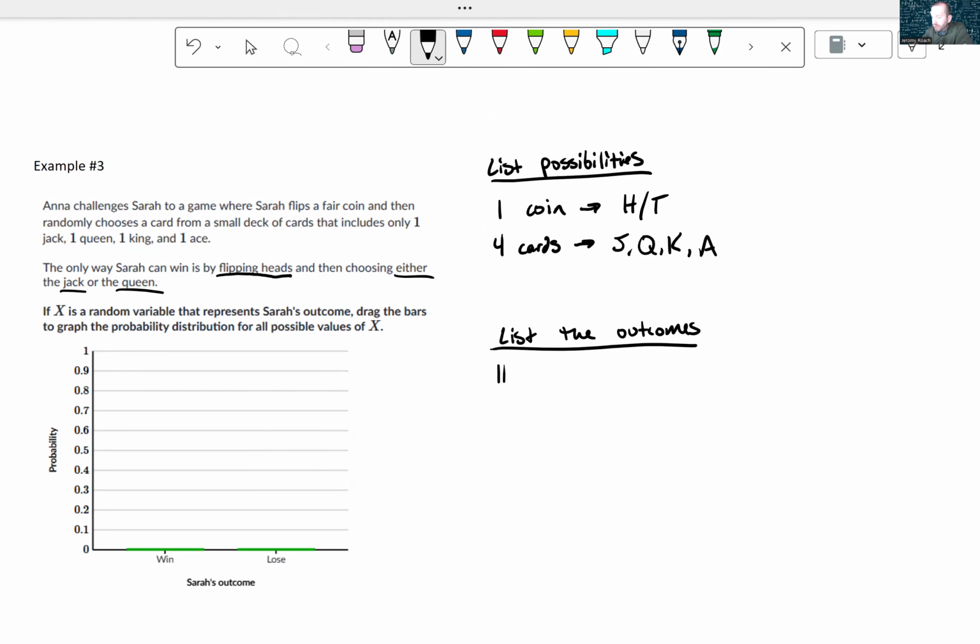So she could do heads, jack, heads, queen, heads, king, heads, ace. Or she could do tails, jack, tails, queen, tails, king, tails, ace. So there are 8 possible outcomes.